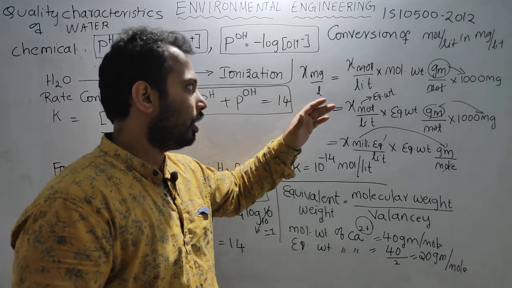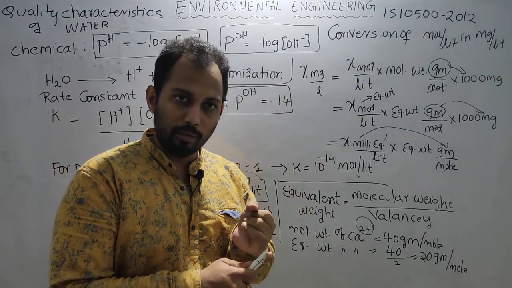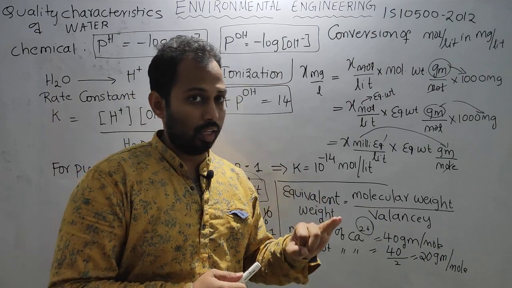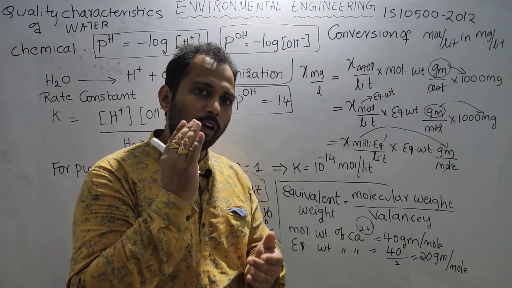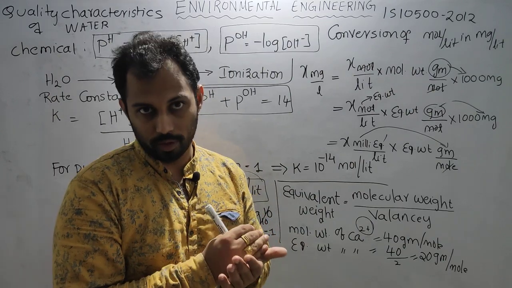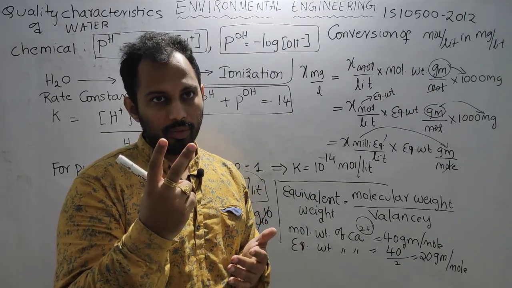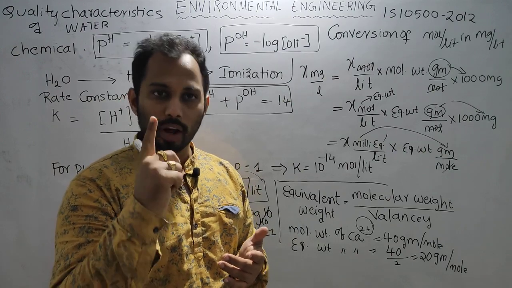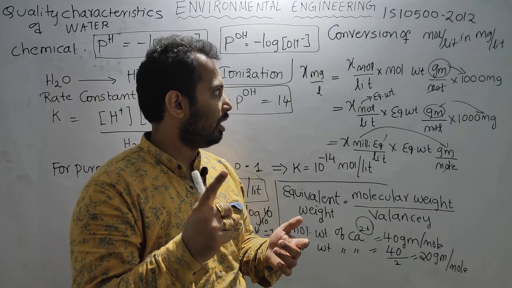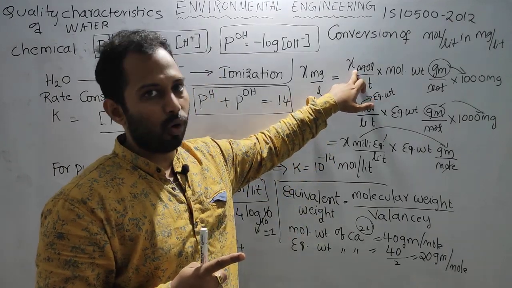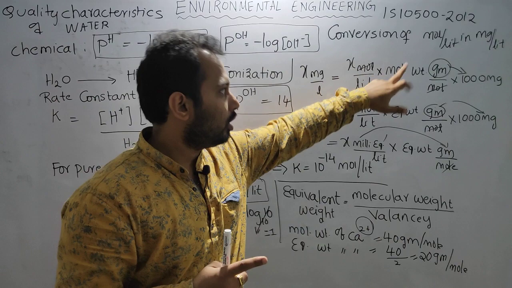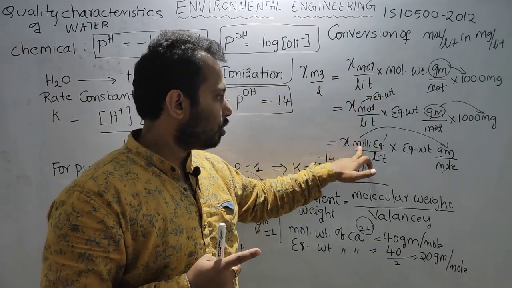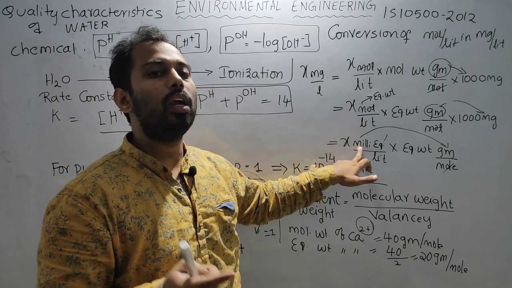So mole per liter can be written for the total molecular weight or for the equivalent weight. Both are there. For a mole of any compound, there will be 2 weights: one is molecular weight, another one is equivalent weight. I am telling you again and again, this is 1 mole's molecular weight, and this is 1 mole's equivalent weight.